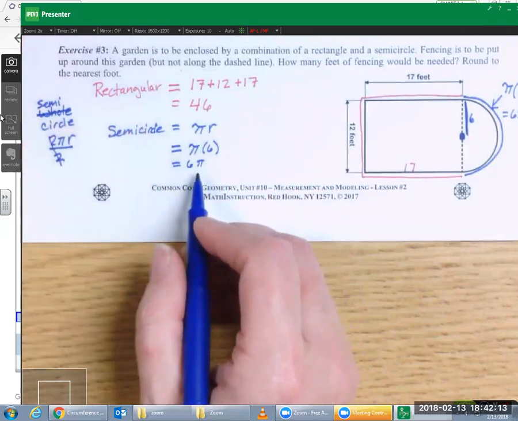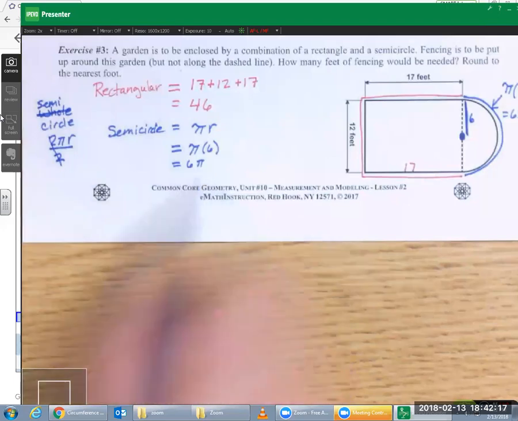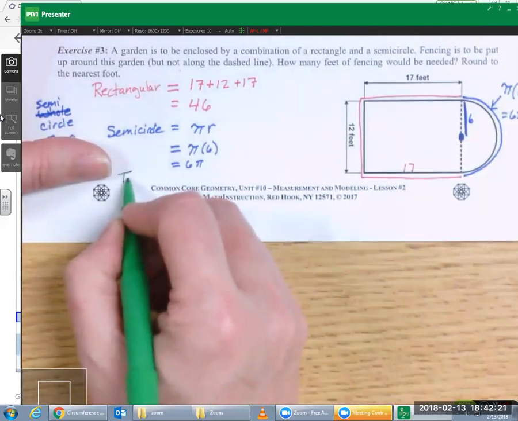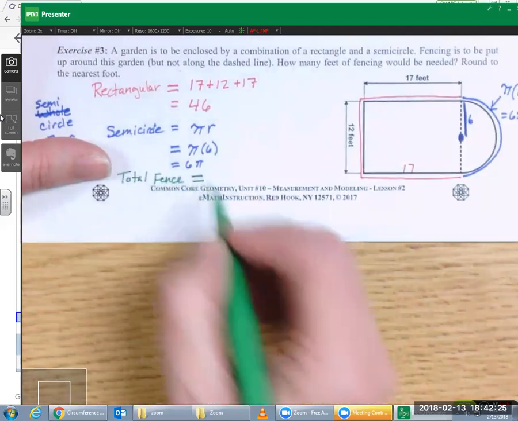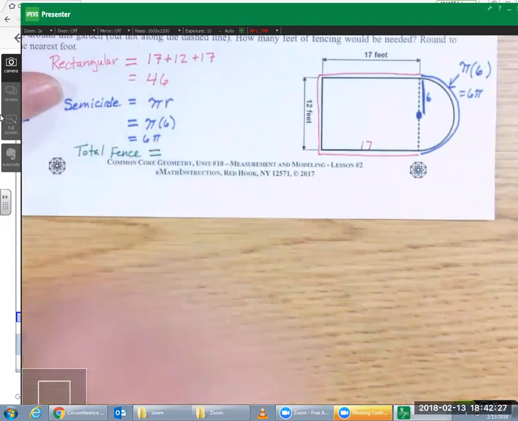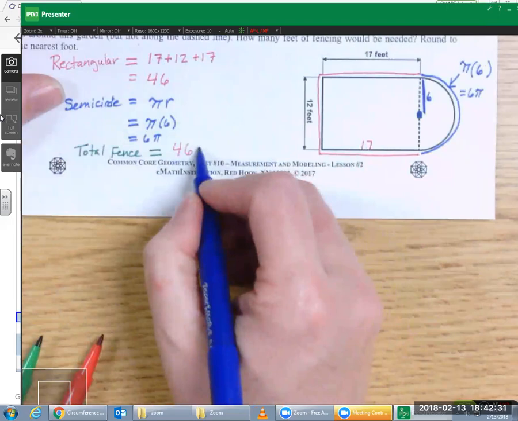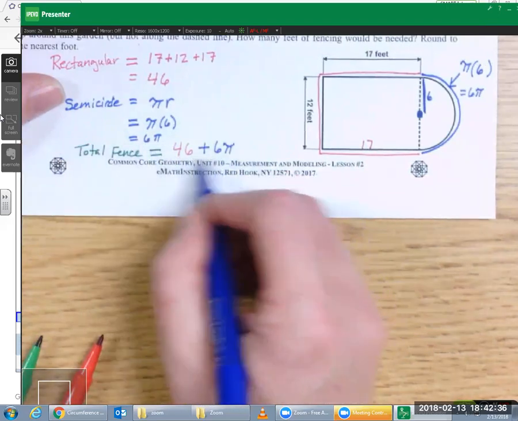You might be wanting to pick up your calculator right now, but this isn't my final answer, and I'm not going to round it. This will be easier if I leave it like that and use it in my total fence now. So let's get the total for the fence. That's going to be the rectangular part, which we got up above as 46, plus we're going to add in that semicircle part, bring down that 6 pi. This is what I would put in my calculator.